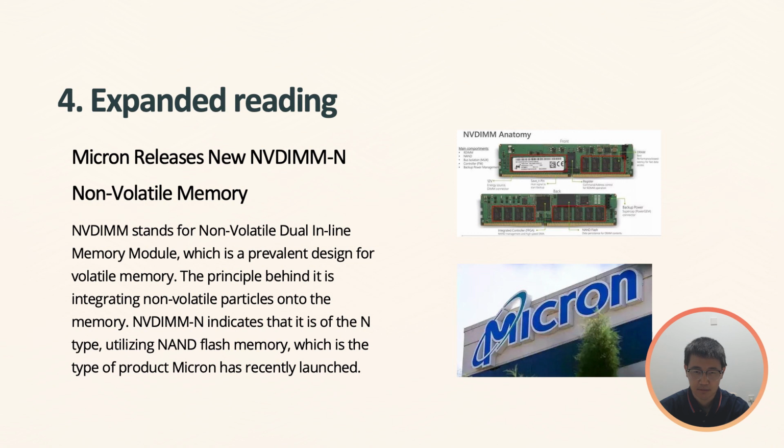There is also a fun fact. In 2018, a US storage manufacturer invented a product called NVDIMM, which is a non-volatile memory. It looks like this, and there is a Micron logo. It's actually a very common design for volatile memory, but it has non-volatile particles integrated into the memory.